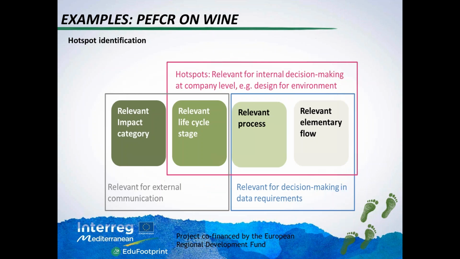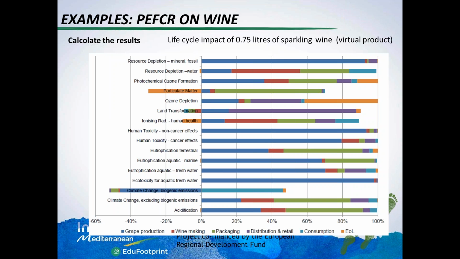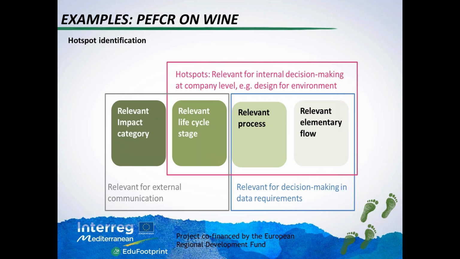After presenting all the results we achieved, we need to identify the hotspots, and after the identification of these hotspots, we can say to our company, right, this is the problem, or these are the problems, and this is the phase you can improve, or this is the auxiliary product you can change, or for example, this is the quantity of energy you can save in these particular instruments, and something like that.